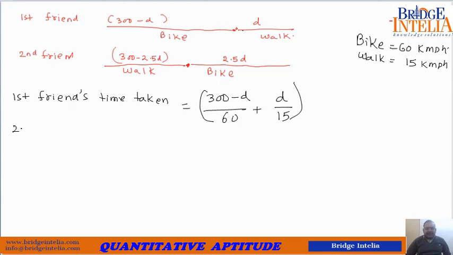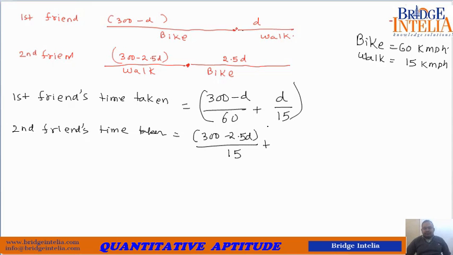Time taken by the second friend. So 300 minus 2.5d, he was walking. Whereas 2.5d, he was traveling on bike. Both these times are the same amount of time.